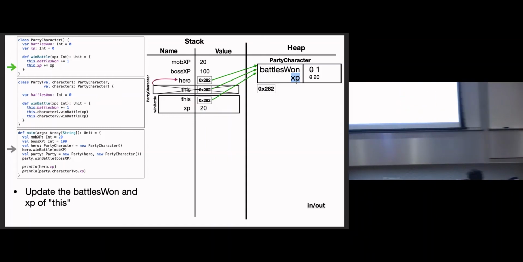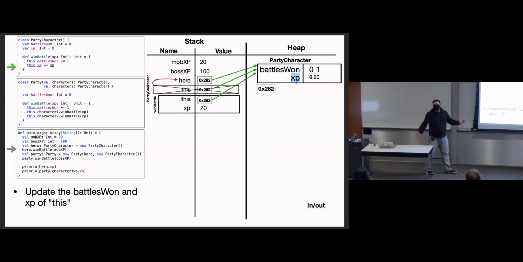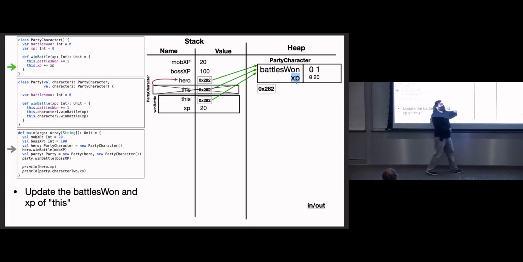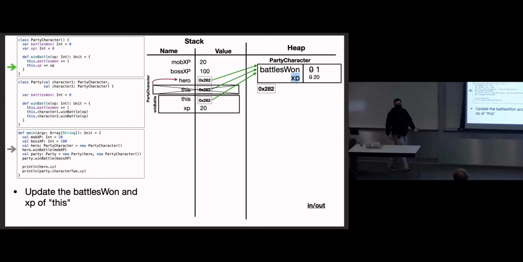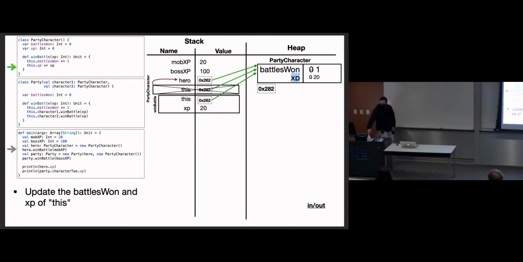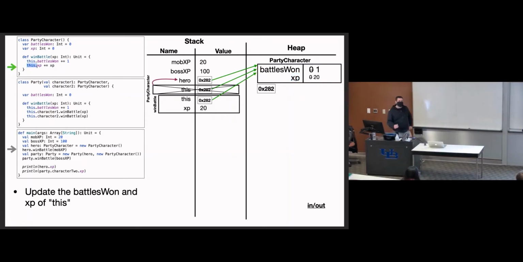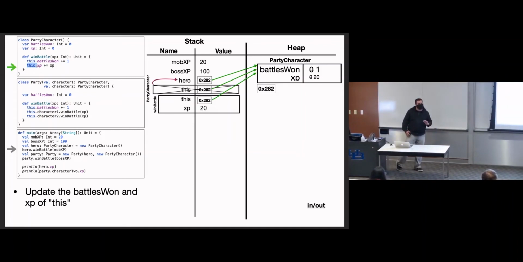If we just said xp plus equals xp, we're actually going to get errors. It wouldn't work because we're accessing this xp, and parameters are always vals. In Scala, we can't overwrite a val, so we'd get a can't modify a val error. So we say this dot. In this case, this dot is required. We have to have this to override our scoping rules and say, no, I don't want the parameter xp.